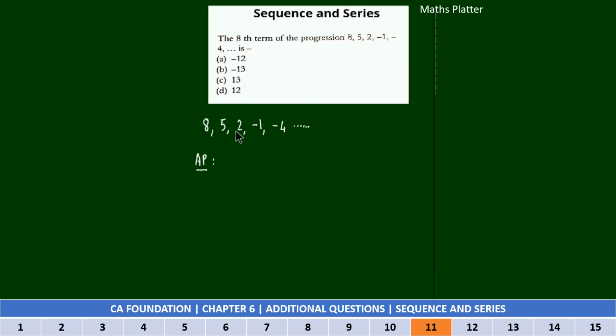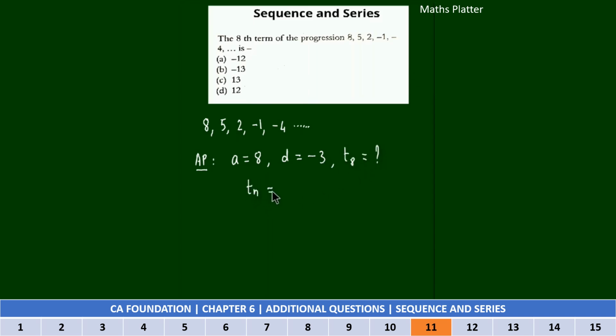So basically this is an arithmetic progression with the first term being 8. So first term we denoted as A. So A is equal to 8 and the common difference, that is D, is equal to minus 3. And we have been asked the eighth term, that is T8. Now we know the formula for Tn.